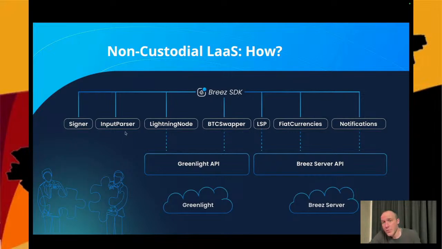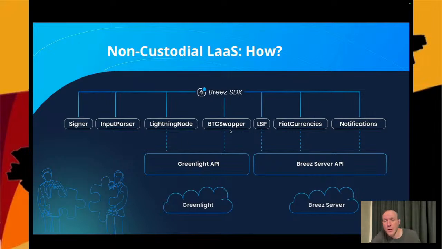Next to that, we have the input parser. Any string like a Lightning invoice, an on-chain address or LNURL links, stuff like that, can be parsed by the input parser, and it will tell you what it is and how to use it. Then we have the Lightning node, so there are some APIs in order to be able to talk to the Lightning node.